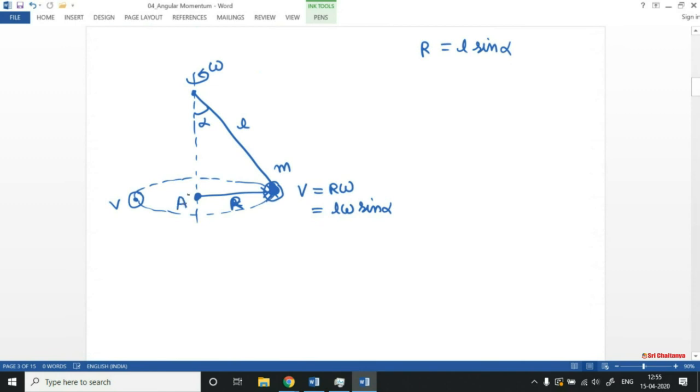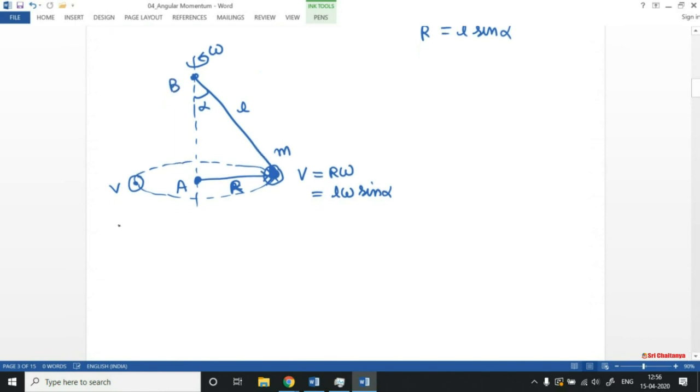So let's say this point is A and this point is B. First of all, let's try to find out the angular momentum of this particle about A. So about A, let's first try to find out the magnitude of angular momentum. The magnitude of angular momentum would be mass times r perpendicular.